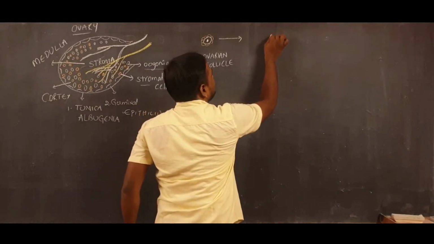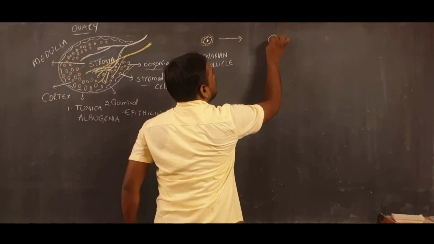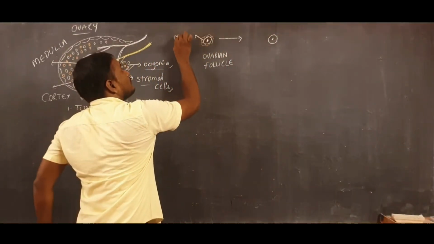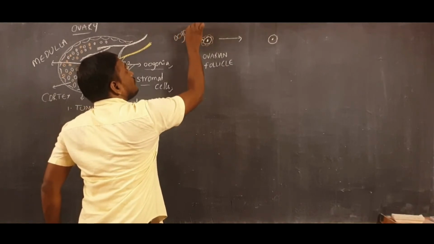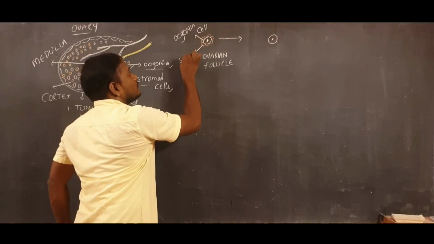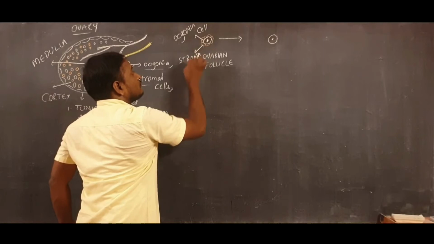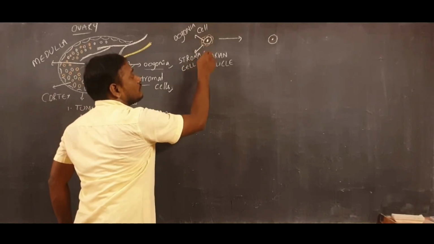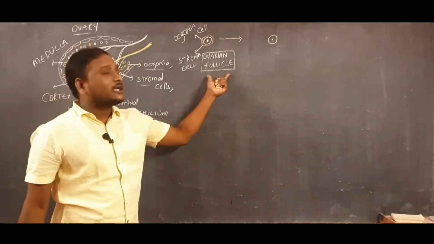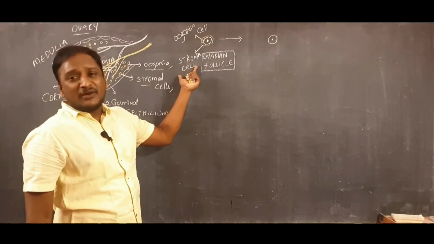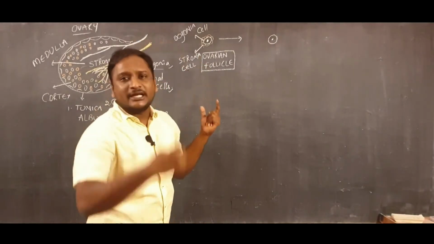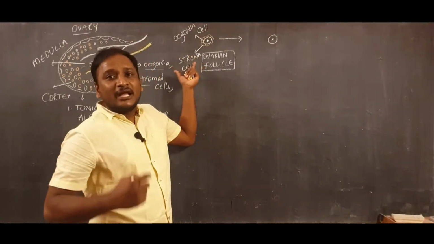In this case, the same oogonia cell is present. So the ovarian follicle consists of two types of cells: the oogonia cell and a number of stroma cells. In this case, the stroma cells will become elongated.